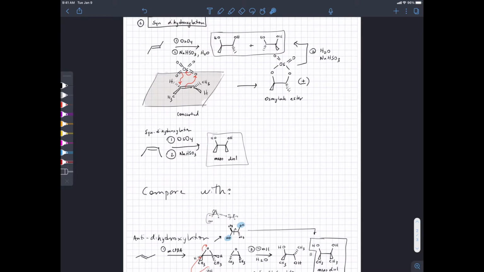Okay, so if I'm wrong, stop me. Syn dihydroxylation uses the OsO4 and keeps the OHs on the same face of the alkene. Yep.